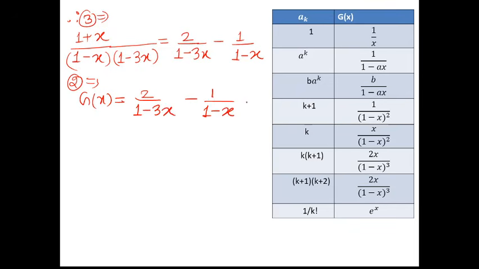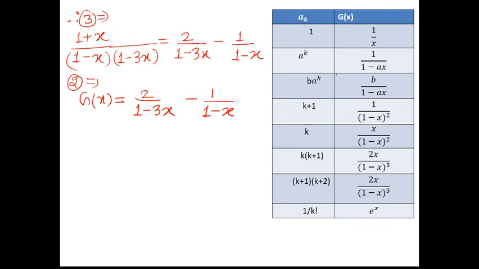Now you can see here we are getting the form wherein I can use this formula directly to obtain the general term of the sequence. So 2 upon 1 minus 3x is in this form. Here the value of b is 2, whereas the value of a is 3.